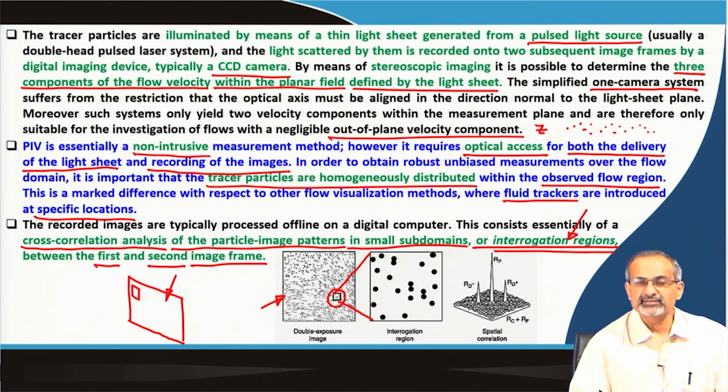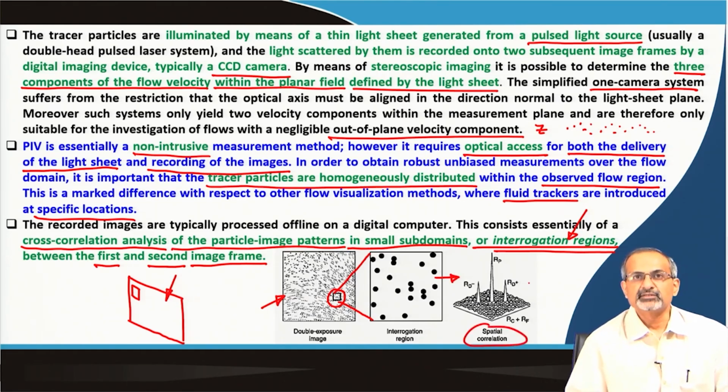If you look at the same interrogation region after a short interval of time, the particles would have relocated themselves, and once you apply the cross correlation analysis on those two image frames, between the first and second image, you end up getting a result which gives you the spatial correlation. Based on this spatial correlation, we are able to generate the velocity vectors. We will learn a little bit more on this in a subsequent lecture.